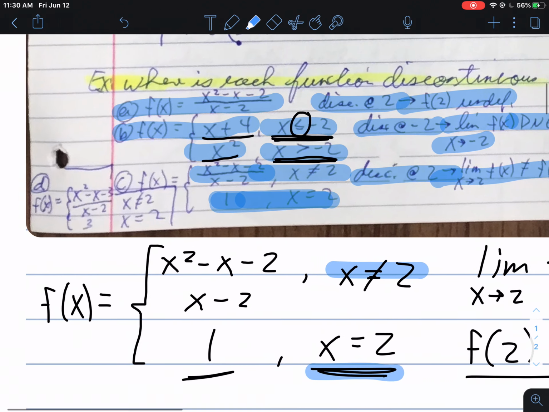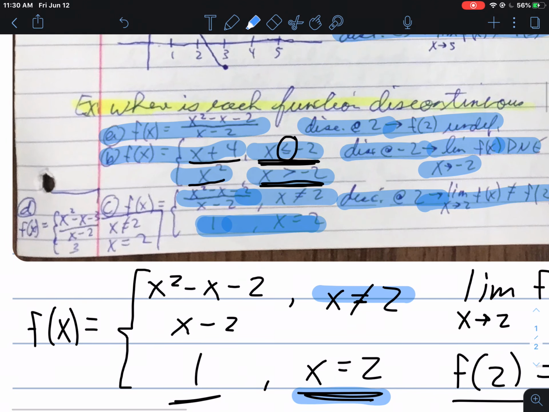So what if I fixed that? The problem is that those two are not the same. So notice I have that part D over there on the left margin that I scribbled in. What if we change this to that? Now, when x equals 2, f of 2 equals 3.